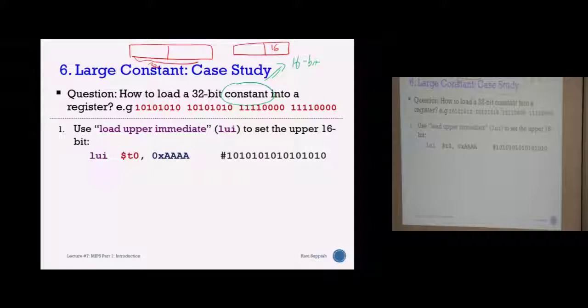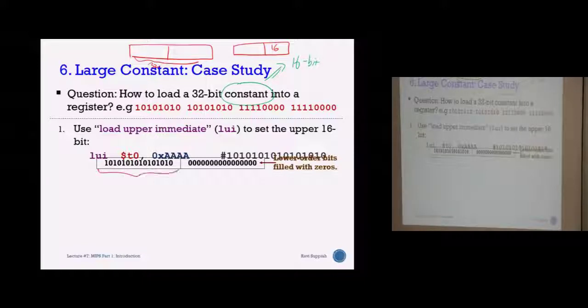First, I must say load upper immediate. Load upper immediate, what will it do? It will load the upper 16 bits. So when I have a 32-bit value and I want to load it to my register, I need to break that 32-bit data into 16 bits and 16 bits. Then I load the upper 16 bits first using the LUI instruction, load upper immediate.